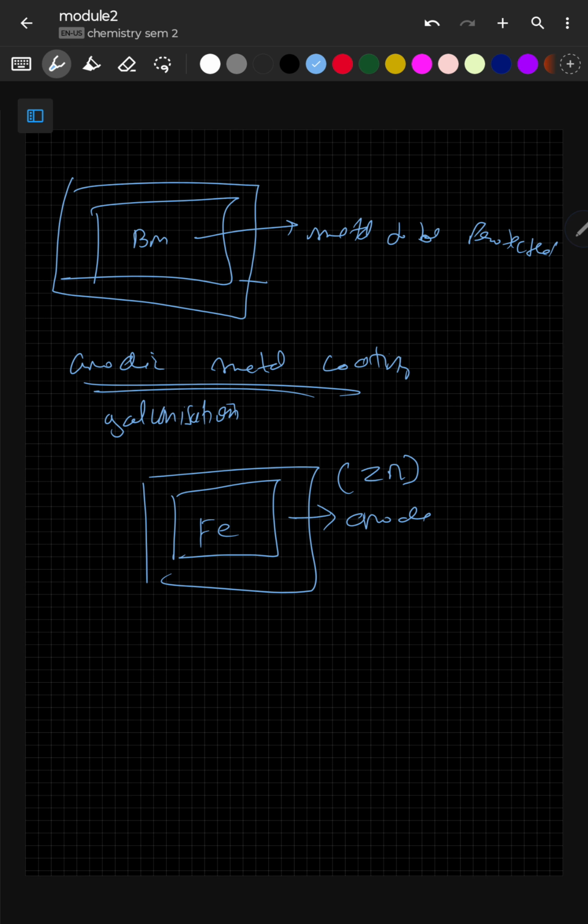Say zinc. We know zinc is more reactive than iron. It's an anode. If the base metal is coated with this, it means this is anodic to the base metal. So the anodic coating will undergo oxidation, will undergo corrosion. Iron will remain safe. Fair enough. The next type is cathodic metal coating.